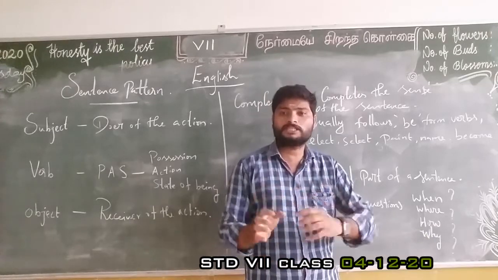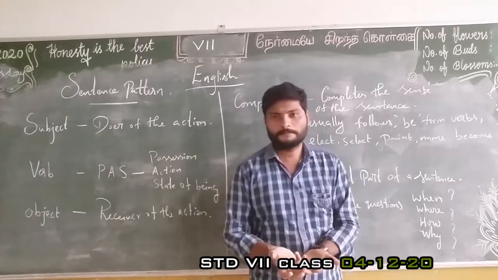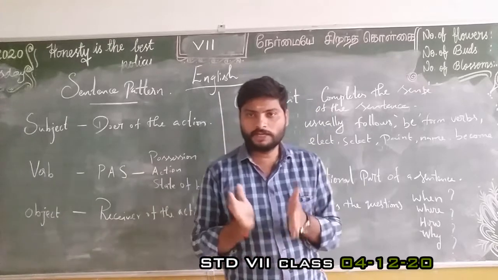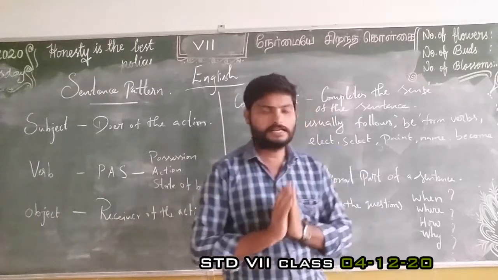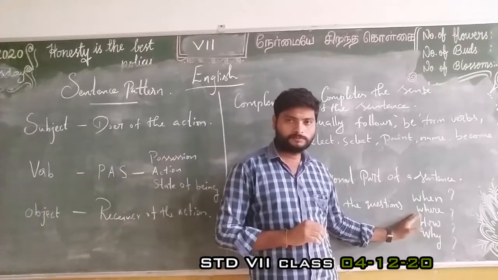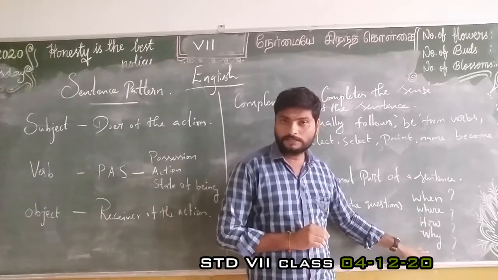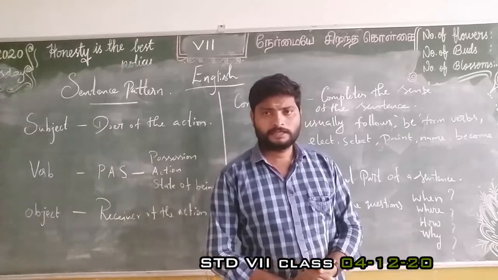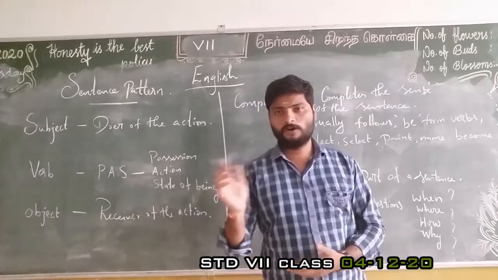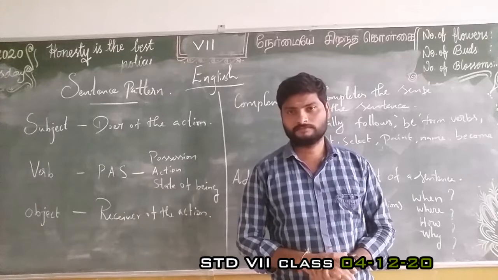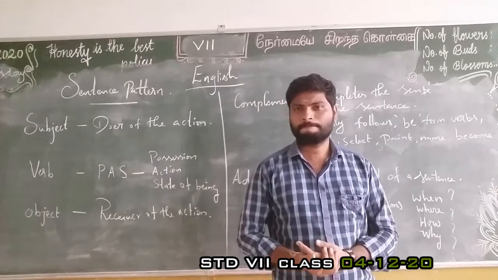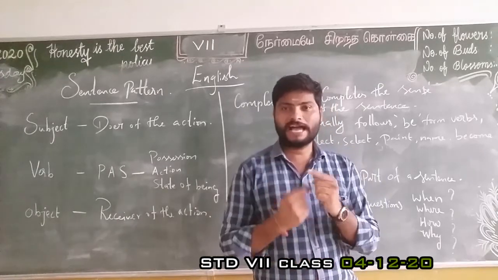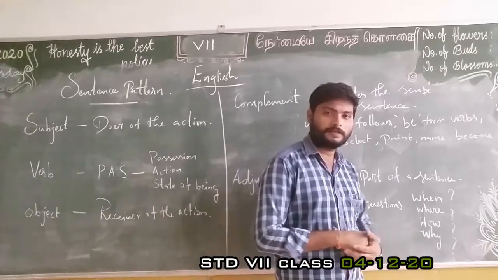The manner in which the action is done is called how. And the final one is why. What is the reason? He was sent out because he was crying. The reason for the action is why.